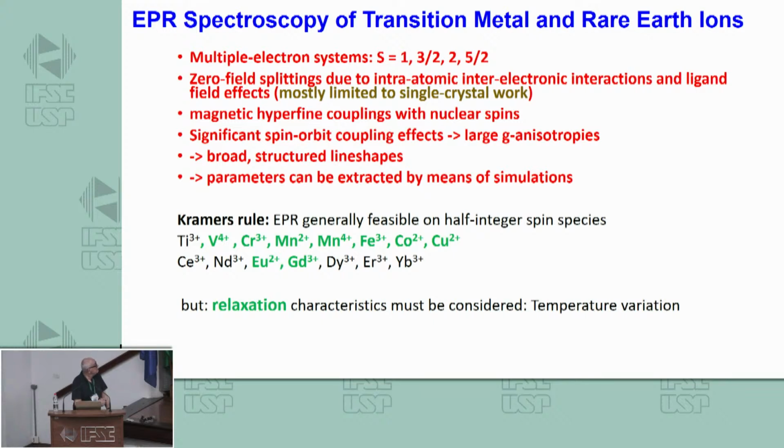For example, titanium 3 plus has only one unpaired electron. Vanadium 4 plus also. But chromium 3 plus has 3 unpaired electrons in the d orbitals, so that is a spin 3/2 system. Manganese 2 plus has 5 unpaired electrons, so the spin of this one is 5/2. And then copper 2 plus again is a simpler case, a spin 1/2 species with only 1 unpaired electron.